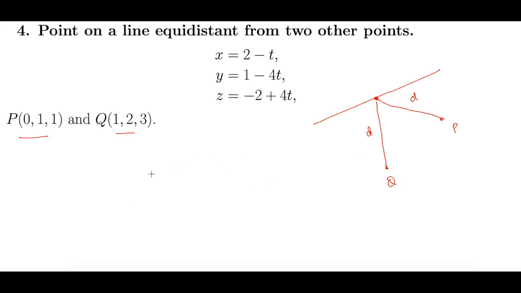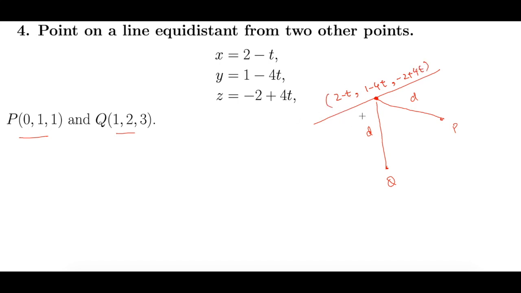Okay, how do we find it? How do we find the distance between 2 points? We use the distance formula, correct? So let's say this is the point here. This point is 2 minus t, 1 minus 4t, -2 plus 4t.